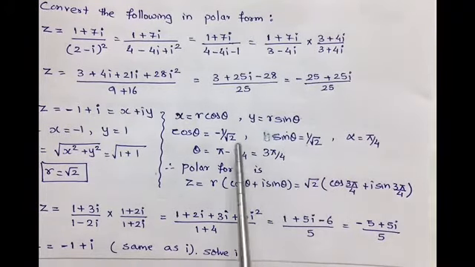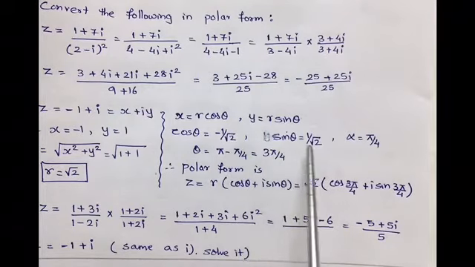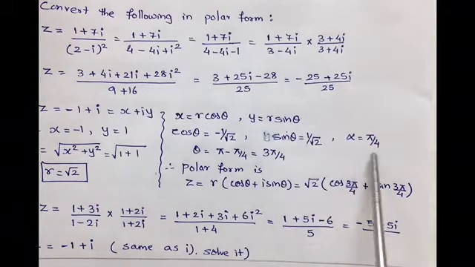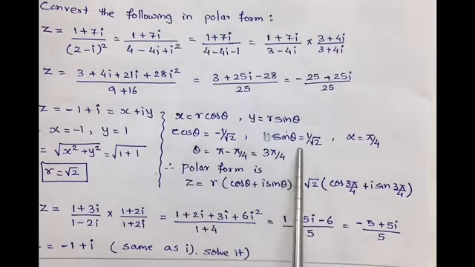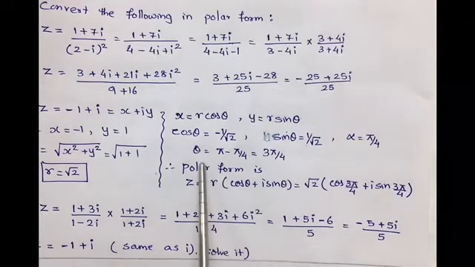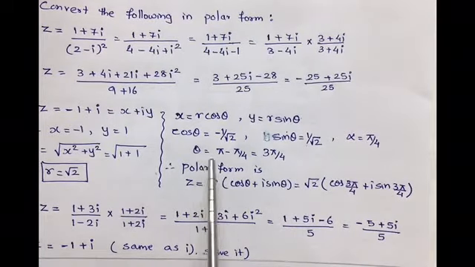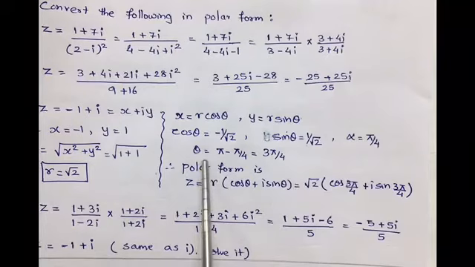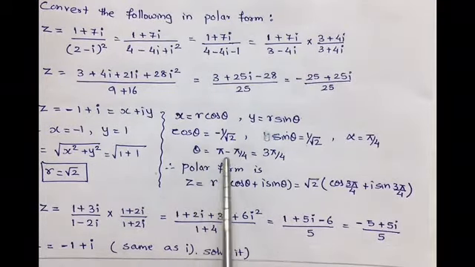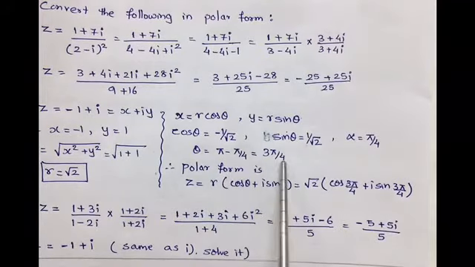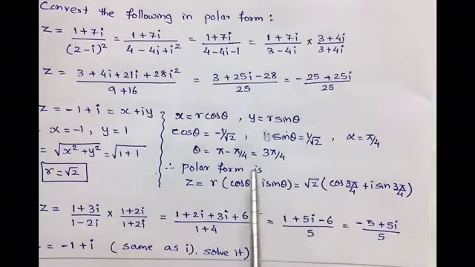By seeing the value as 1 upon root 2, the value of alpha becomes 45 degree, which is equal to pi by 4. Now as cos is negative and sine positive, theta will belong to the second quadrant. Second quadrant is expressed as pi minus alpha, so the value of theta becomes 3 pi by 4.